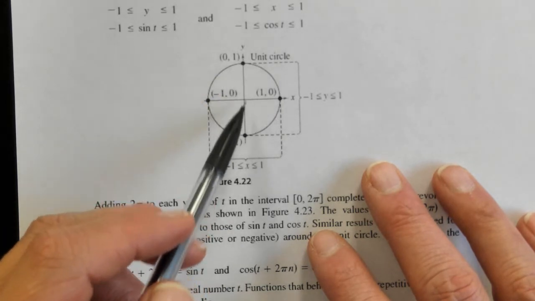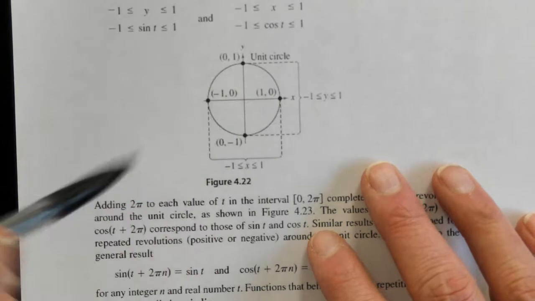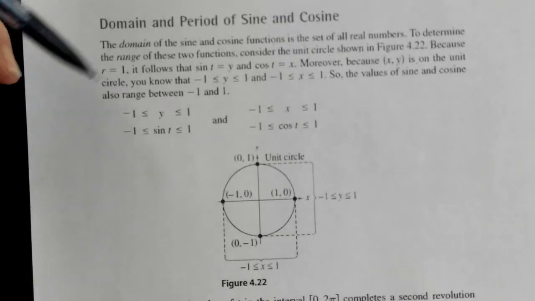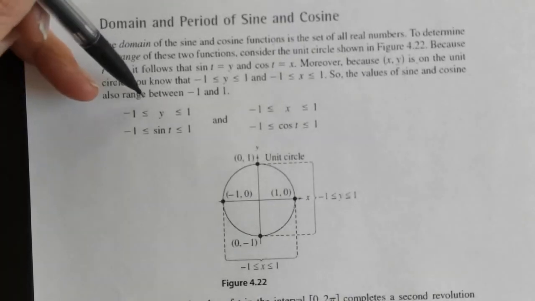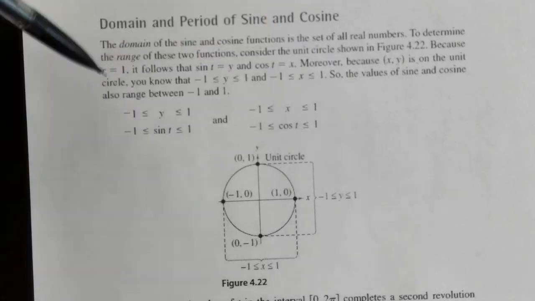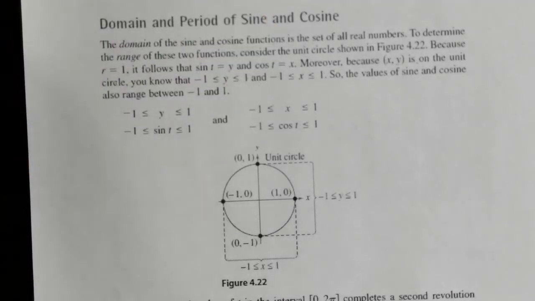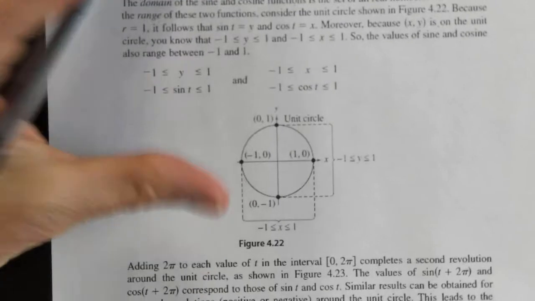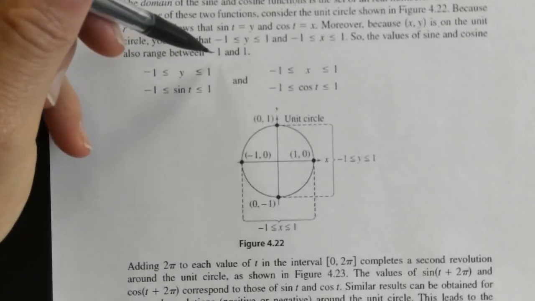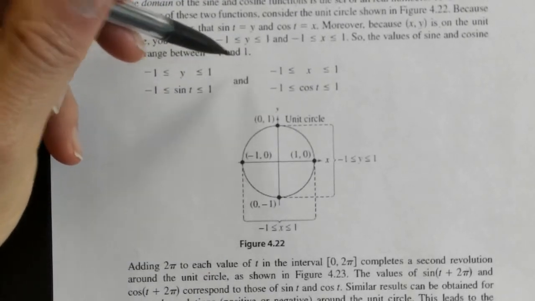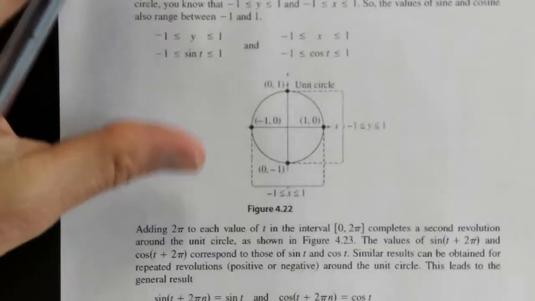And same thing for the y value, since it's going around in the circle. And so the range for the sine and the cosine functions is between -1 and 1. There's no limit for the domain, but the range has to be between -1 and 1. So that's your range.